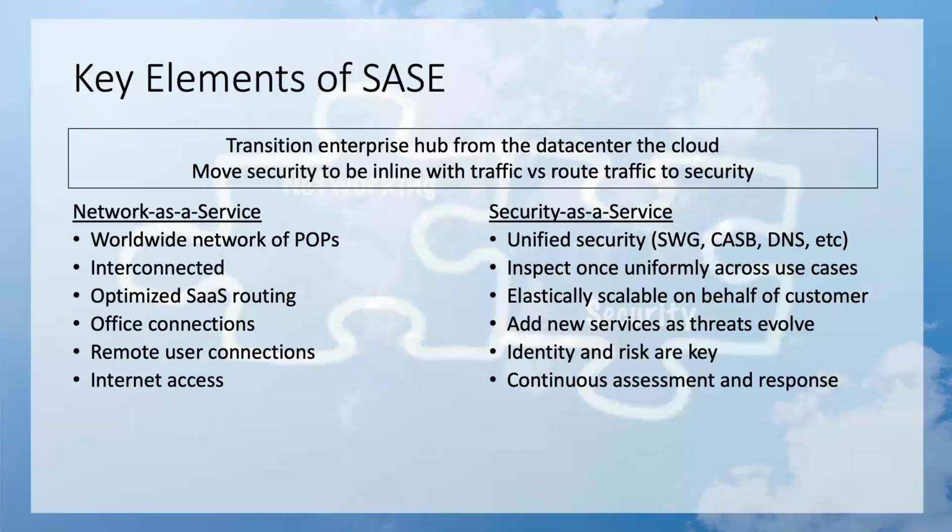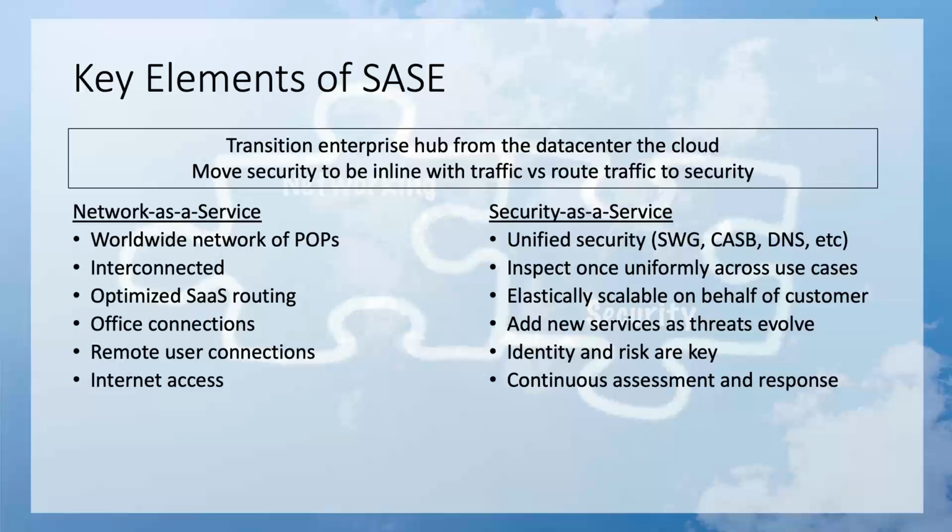I'm inspecting the traffic once as it flows through. So I'm able to unwrap it, inspect it, apply all my security services, and then send it on its way, in a very efficient way, in line with the way the traffic would already be flowing.